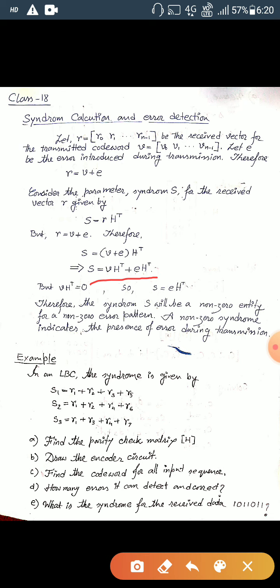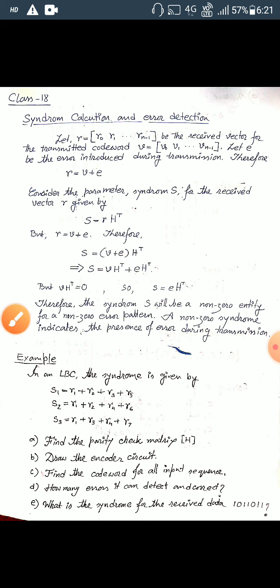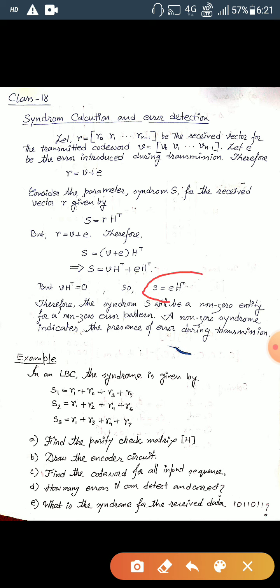We also conclude that V H transpose should always be equal to 0. So if V H transpose is equal to 0, then we can write S is equal to E H transpose. This is a very important equation for syndrome calculation.